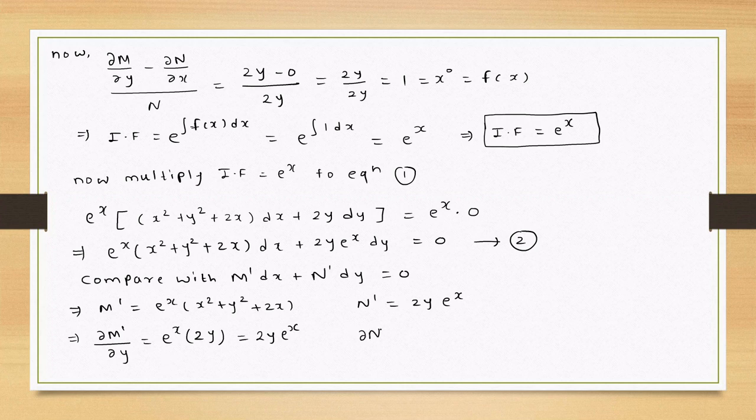Now dou n dash by dou x. So it is 2y into e raised to x. So this implies dou m dash by dou y is equal to dou n dash by dou x. So this implies equation number 2 is an exact differential equation.